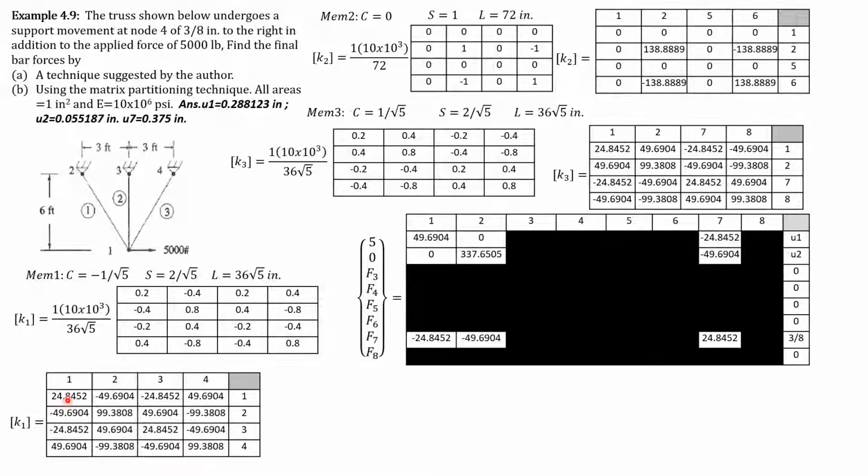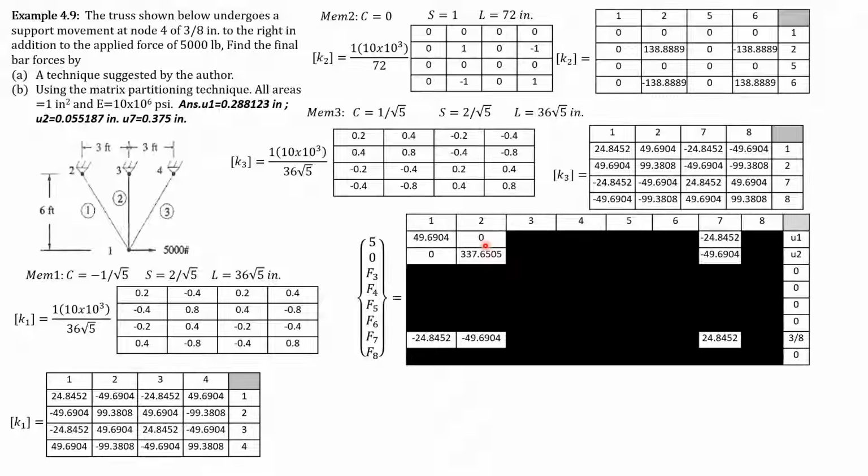So 1, 1 is, we have 24.8452 plus 0 plus 24.8452. So that's 49.6904. This is 1, 2, row 1, column 2, negative 49.6904. 1, 2 here is 0, then 1, 2 here is positive 49.6904, so that makes it 0.